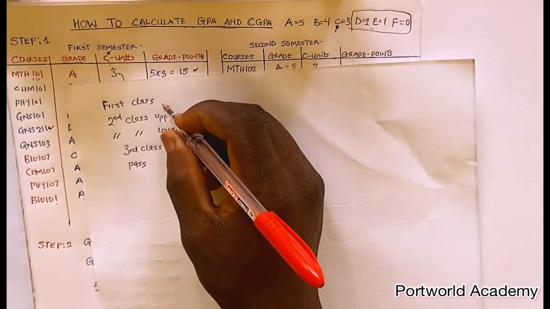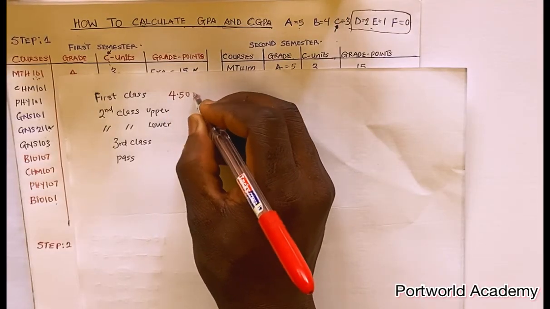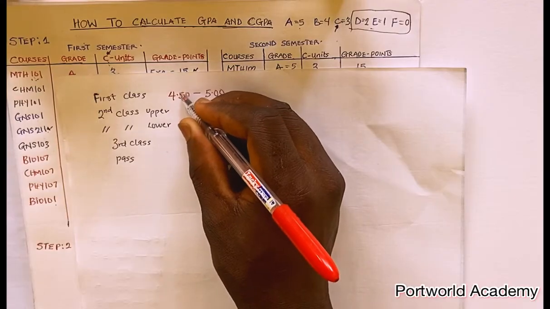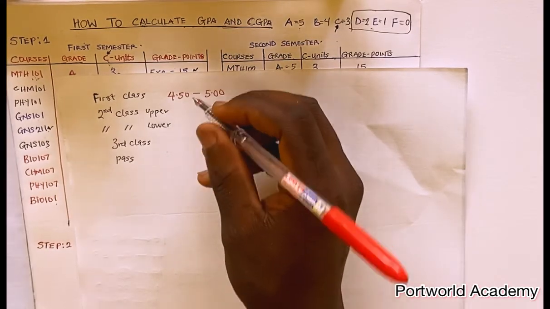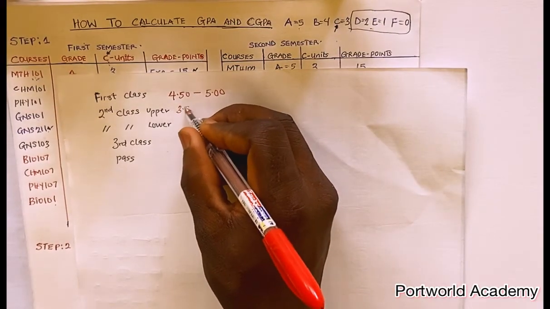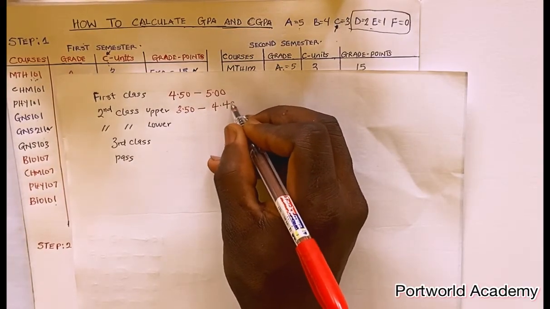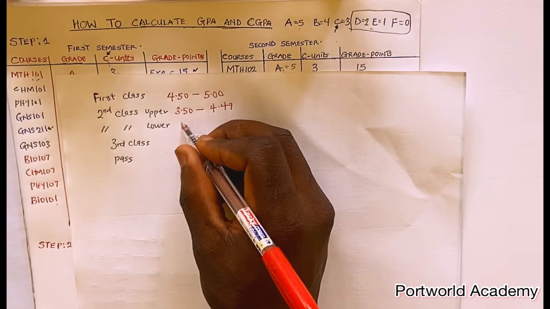Let's say our first class ranges from 4.50 to 5.0. Whenever you have 4.5 upward up to 5.0, you are still on first class. Second class upper starts from 3.50 to 4.49.